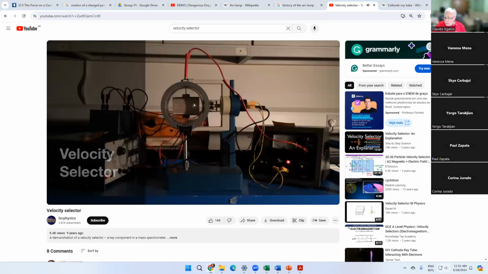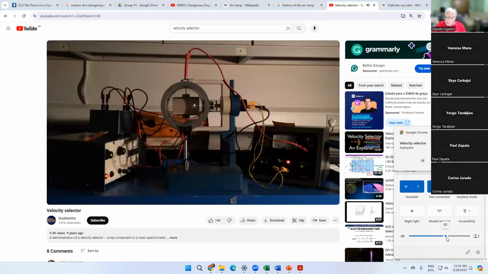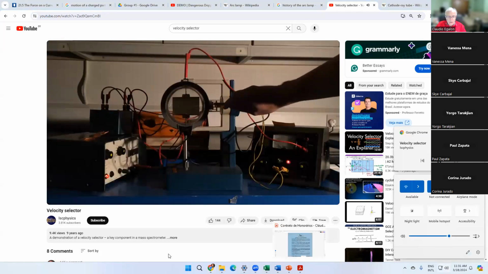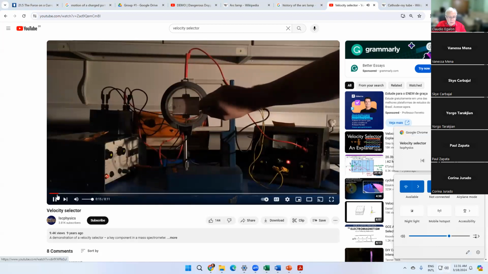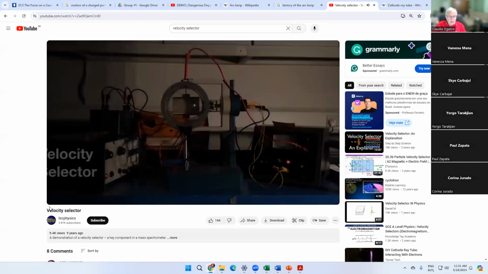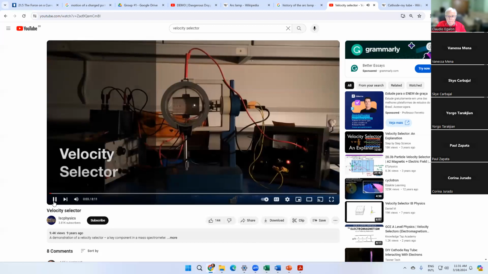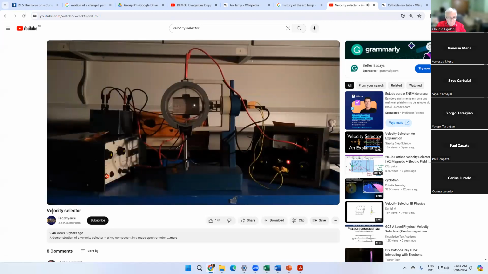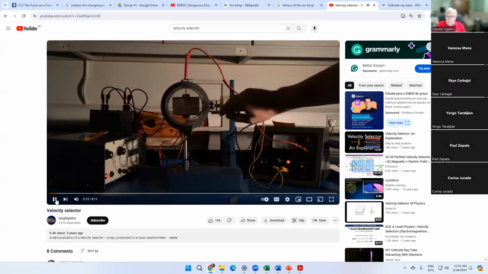This is a demonstration of a velocity selector. I'll be using an electron beam, which will be produced here by thermal emission and accelerated.